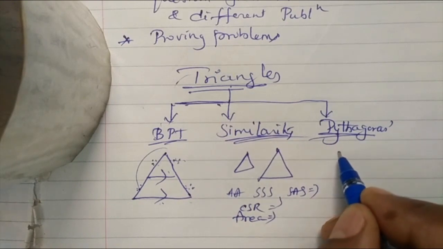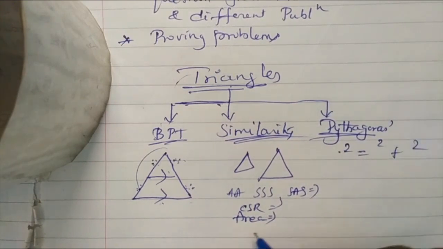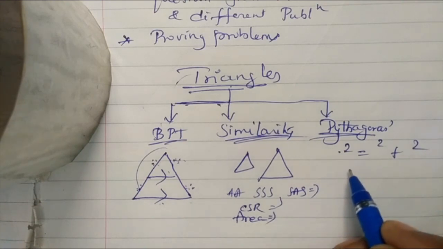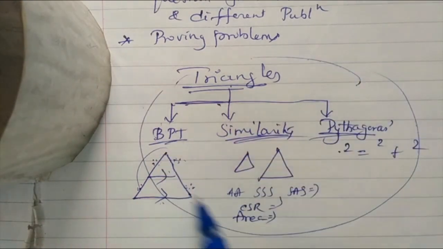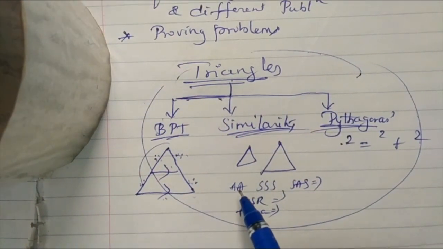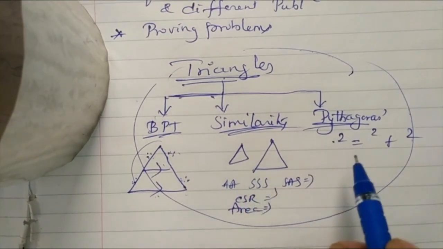In Pythagoras theorem, we go for the square on one side is equal to the sum of squares on the other two sides. Here also we write in three methods: longer minus smaller, one smaller is equal to another smaller. So this is the overall triangle chapter idea. Now, how to avoid the confusion whether the given problem is Pythagoras theorem based or similarity?